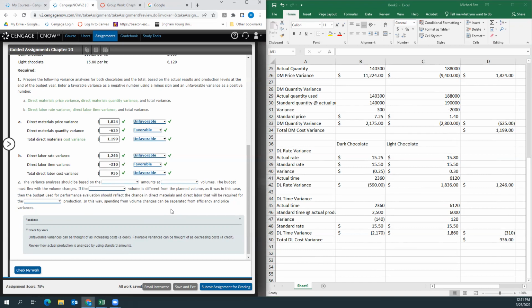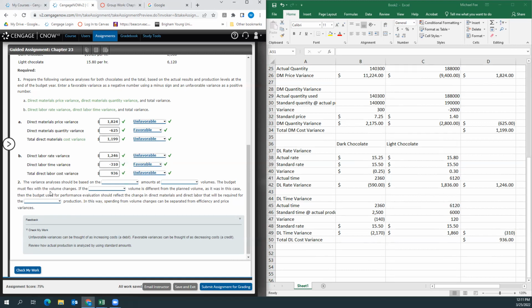So now all we have to do is answer this last question. This variance analysis should be based on the blank amounts at blank volumes. The budget must flex with volume changes. If the blank volume is different from the planned volume, as it was in this case, then the budget, and so on. Okay, so I like to look at what my choices are on each of these: actual, standard, actual, standard. Then I just talk myself through it.